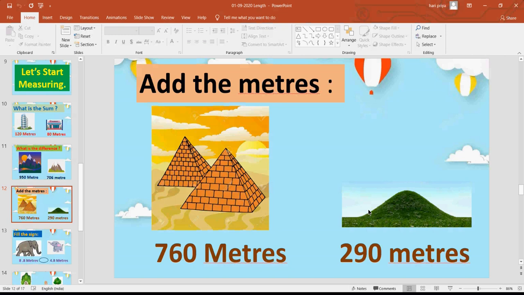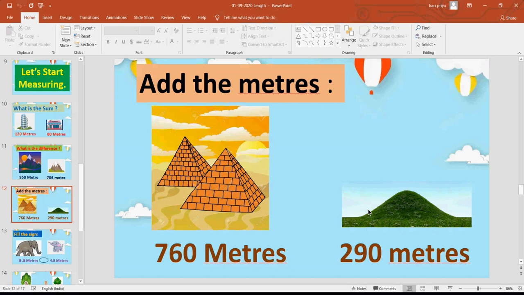Try to explore it, okay? If you have any doubt, you can drop it. I can teach you. It's just a simple addition. If you are finding it difficult with the greater numbers, please drop the doubt in the chat box so that I can see.